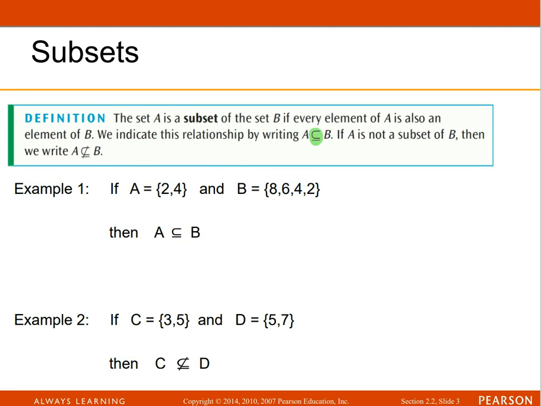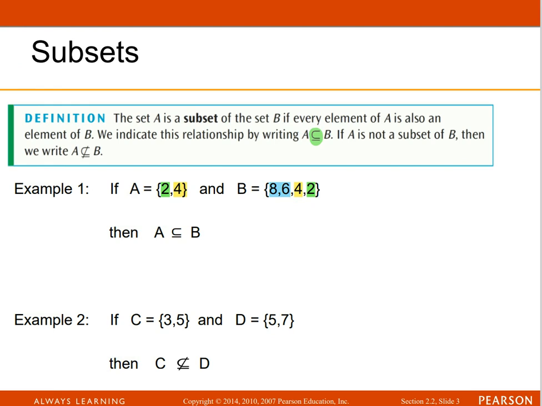So every element in A, which has a 2 and a 4, when I look over to set B, B has a 2 and B has a 4. Every element of A is also in B. Now B has extra elements, this 8 and this 6, and that's okay. It's just that every element in A must also be in B.